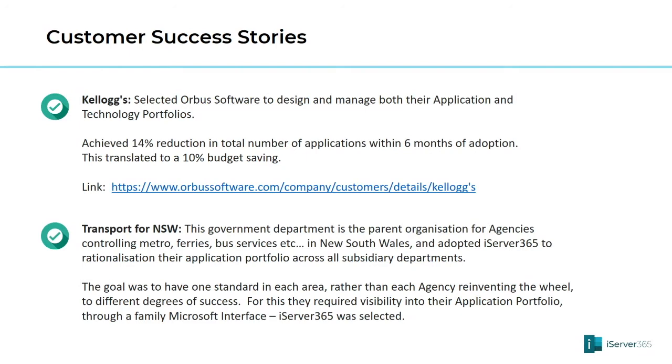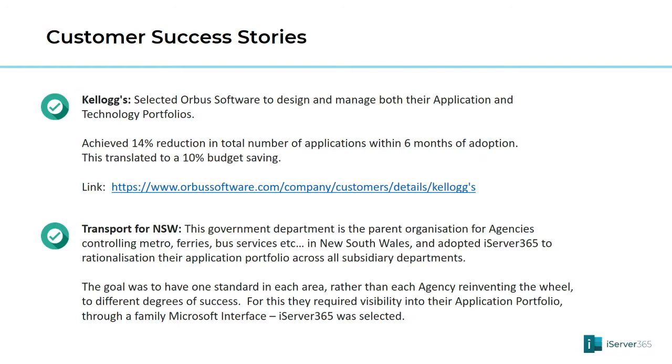Slightly more recently, Transport for New South Wales is a pseudo-government department that looks after various different agencies for metro, ferries, business services, and so on in Australia. They adopted iServer 365, which we'll see today, specifically within the application rationalization use case.